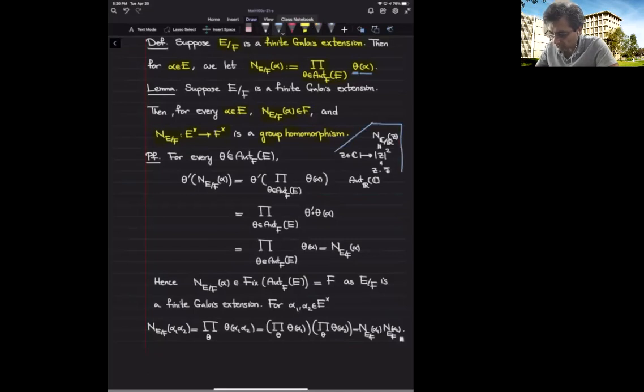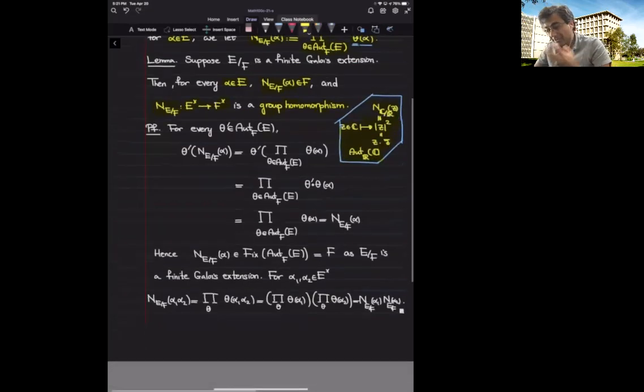Let's go to the proof of this lemma. Let's see why this belongs to the base field. We have seen that a good technique of showing an element belongs to the base field of a Galois extension is showing that it is in fact fixed under every element of the Galois group of this extension.